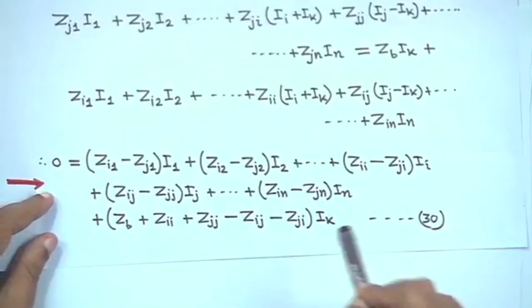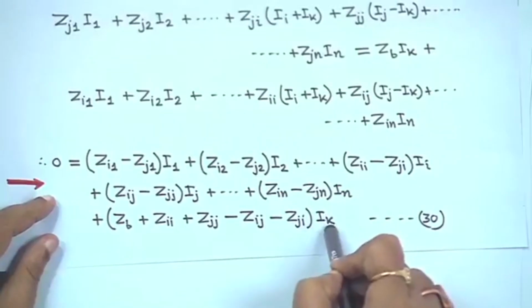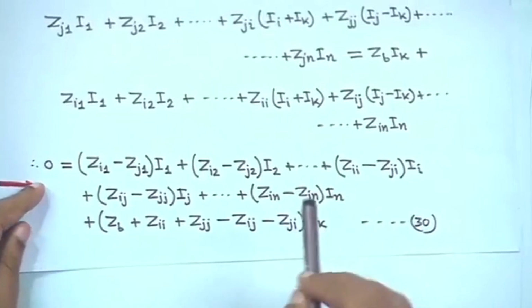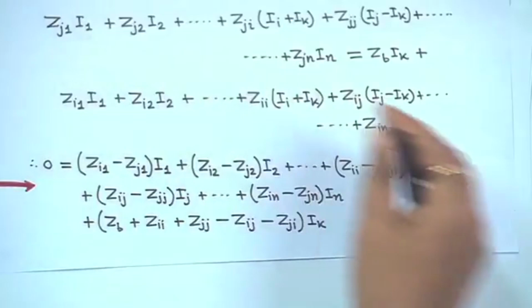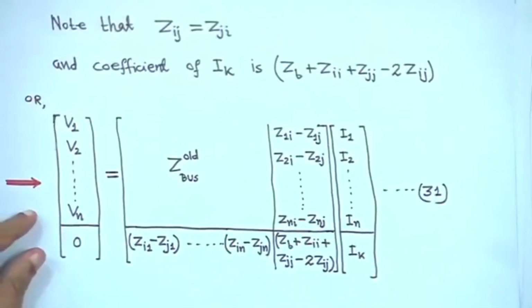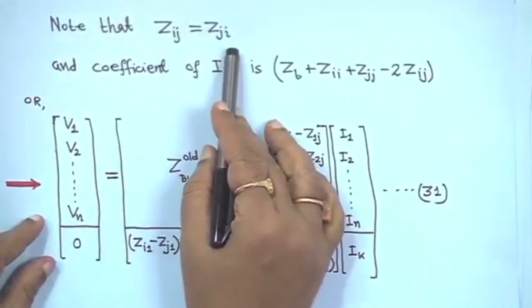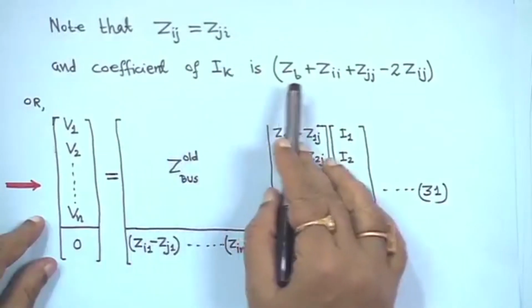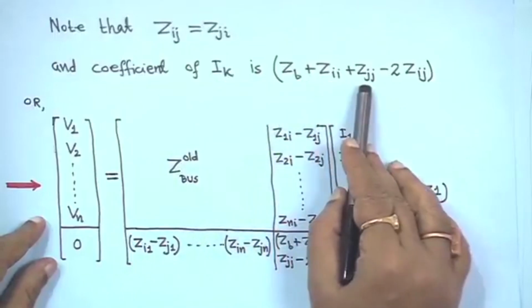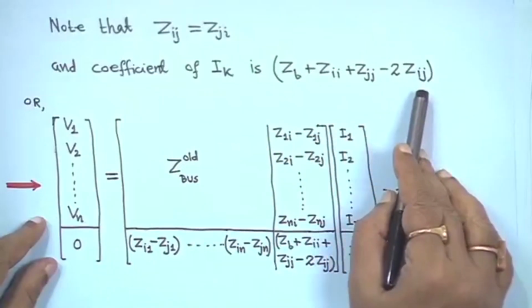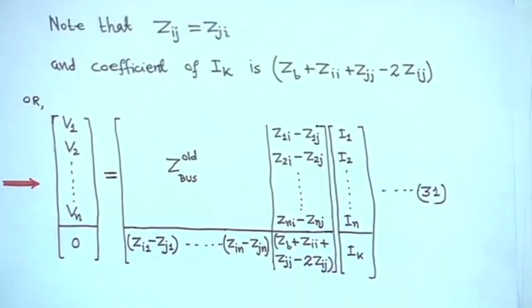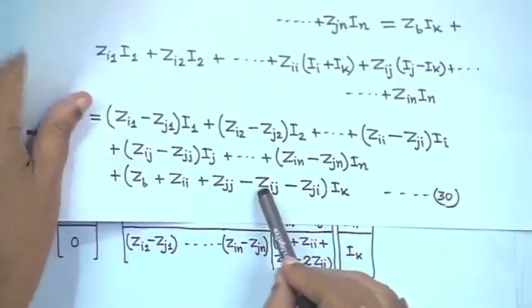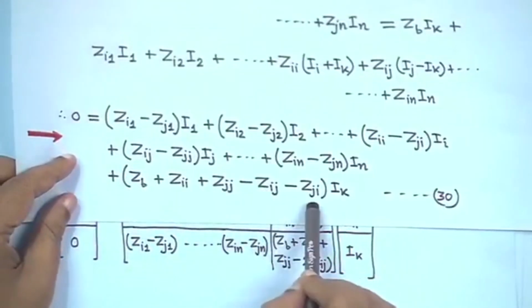Then in the expression of Vi you substitute Ik, and after that you will get the expression of the new Zbus. So, Zij is equal to Zji, and the coefficient of Ik is Zb plus Zii plus Zjj minus 2 Zij, because in this expression Zij is equal to Zji.